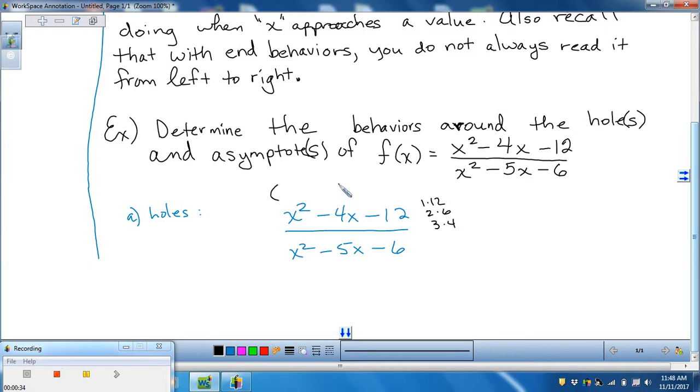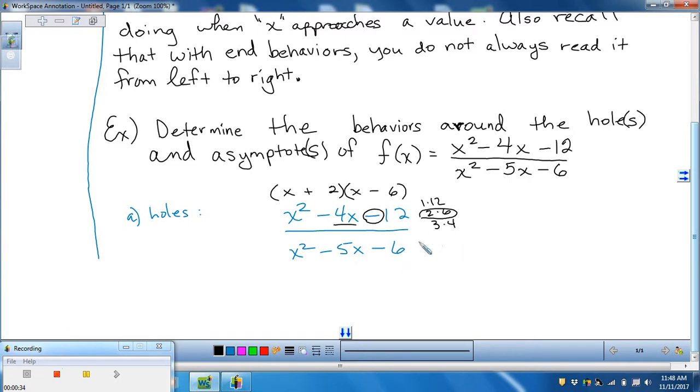And so the pair that subtracts to give me 4 is 6 and 2. So that's the pair I'm going to use. So we've got x and x, 2 and 6, and we need a negative 4. So we're going to make the 6 negative and the 2 positive. So the numerator is factored.